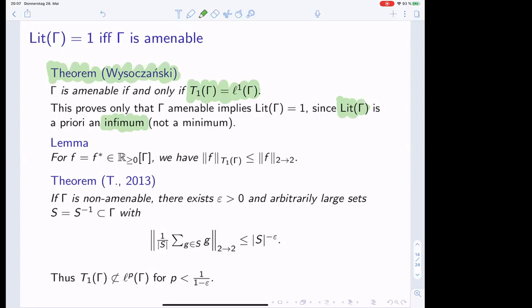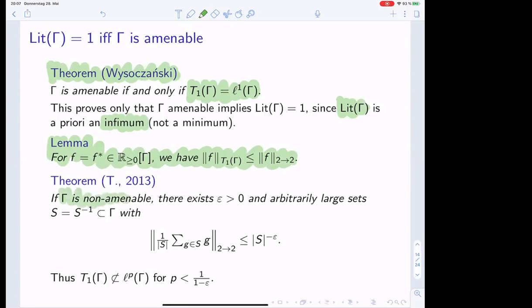And so what we are using is the following lemma that also goes back to Wysochansky, at least I think, and another result that I've proved in a completely different context, which gives some bounds on the norm of Markov operators in non-amenable groups.